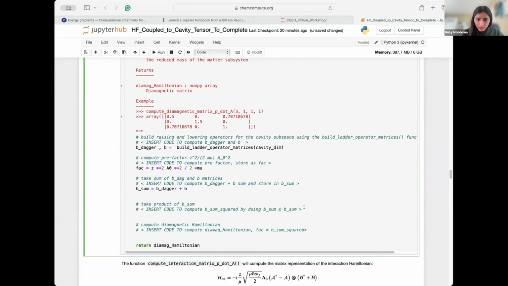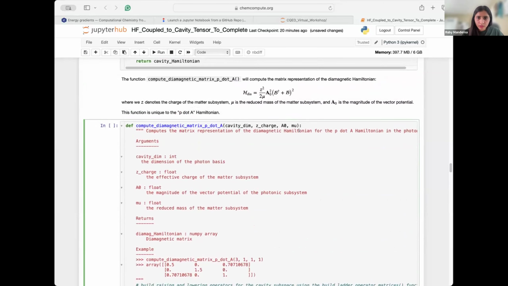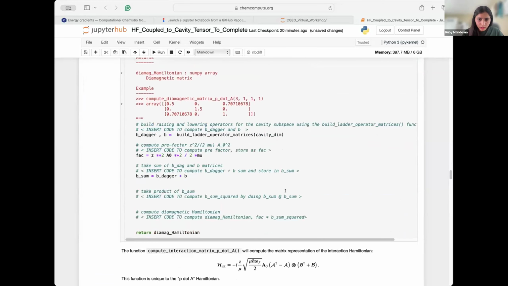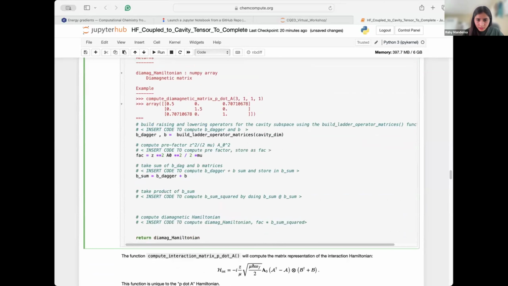Now, because we need the square of this sum of b dagger and b, in this next line of code, we will store it in b underscore sum squared, which will be b underscore sum, at the rate b underscore sum.